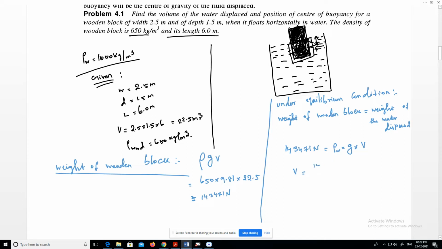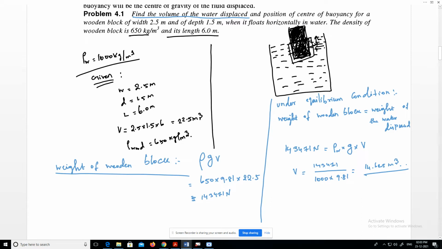From that we can calculate 143471 divided by density of water 1000 into 9.81, is equal to 14.625 meter cube. Okay. The volume of water displaced, we got the answer.